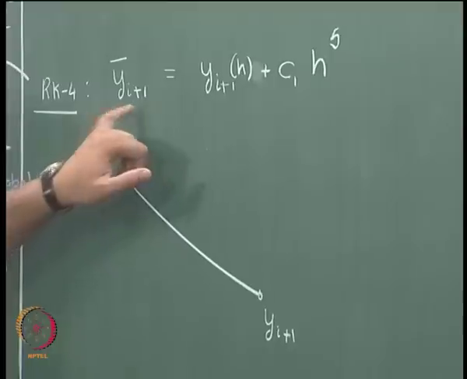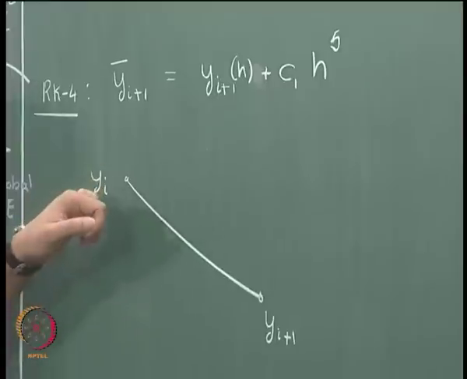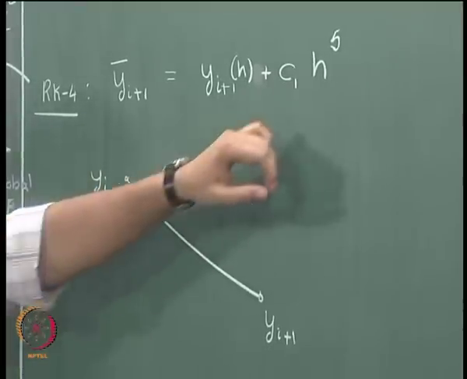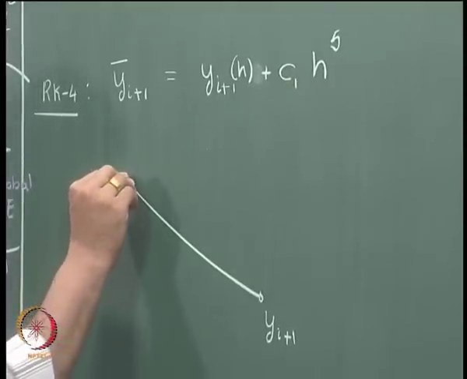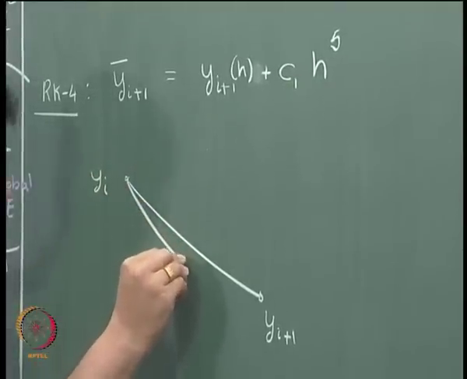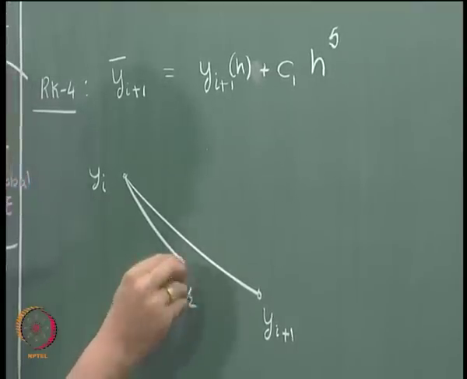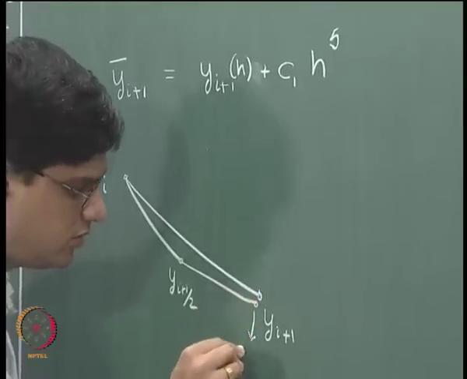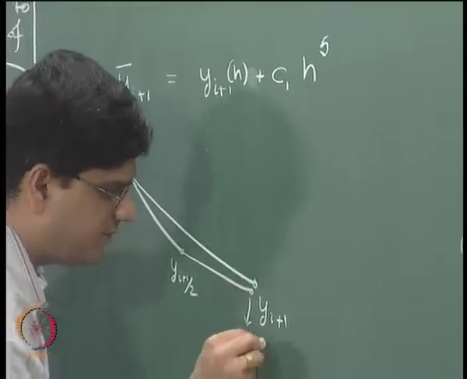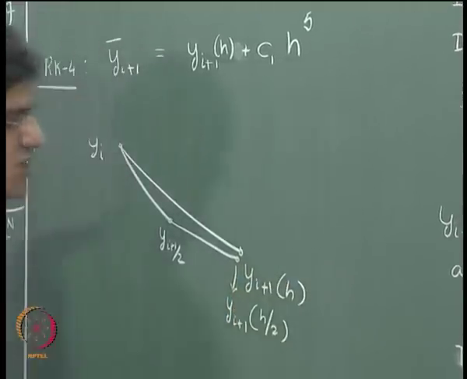Now let us redo the same thing, going from yi to yi plus 1 in two steps. In this case the step size is h by 2. We will go from yi to yi plus half, and from yi plus half to yi plus 1, computed with a step size of h by 2.